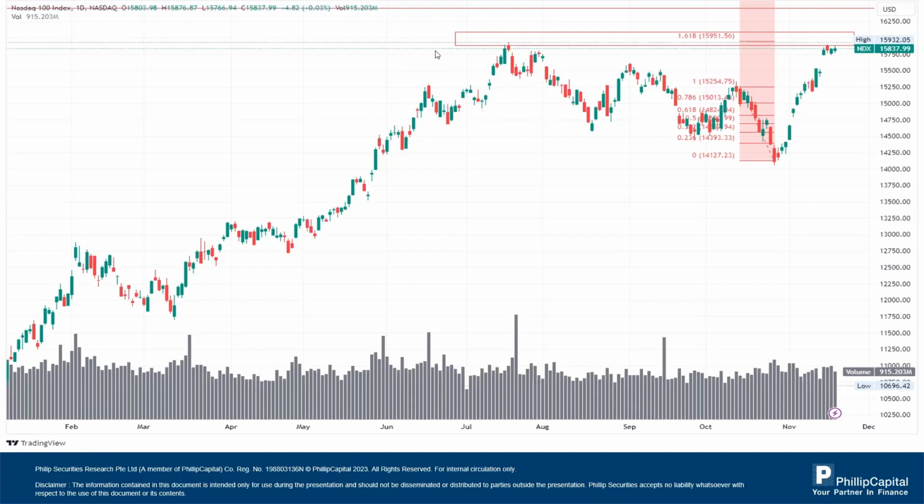That's one tricky part of using Fibo, because when it comes to drawing it, I don't think any two people will draw identically. Maybe it's close enough, but the way they look at the swing high or swing low might be different.